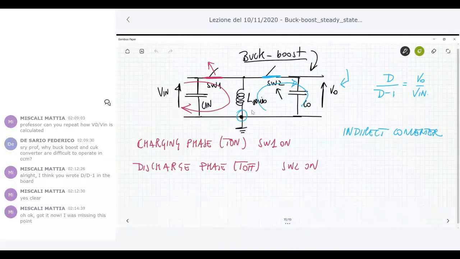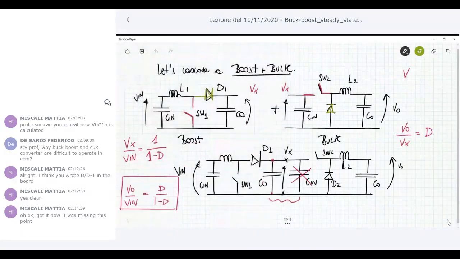Inductors can be expensive sometimes, depending on the specifications, and it's always better to have a circuit with just one inductor and not two, and not a large number of inductors. Then in the buck boost you have just two capacitors, and in the Chuk converter you have three capacitors.